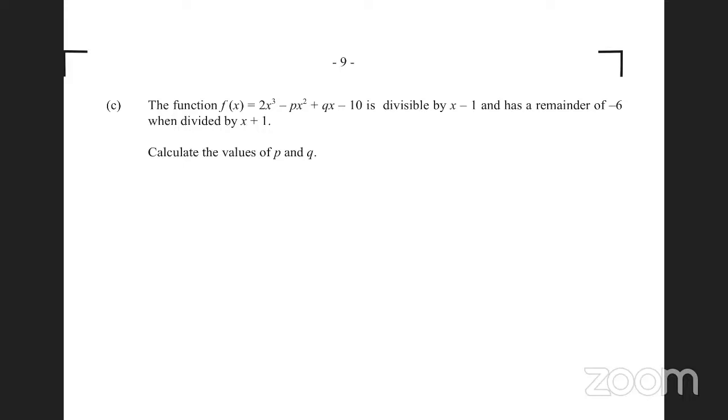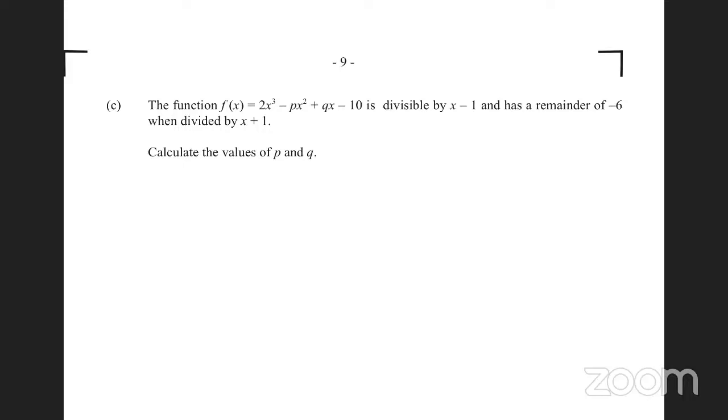Malaika, are you all getting through? Right, so this one is the remainder and factor theorem. Let's see what you got. You've got to get P and Q, so you have two unknowns. Same year, Christopher, 2022.